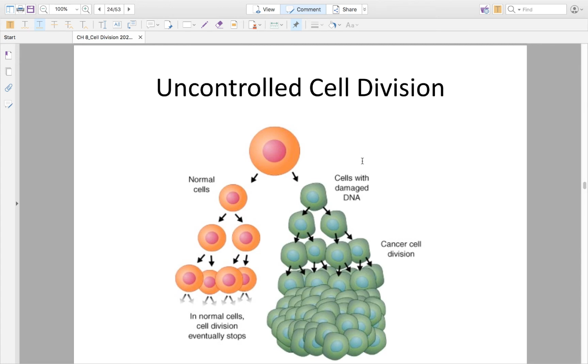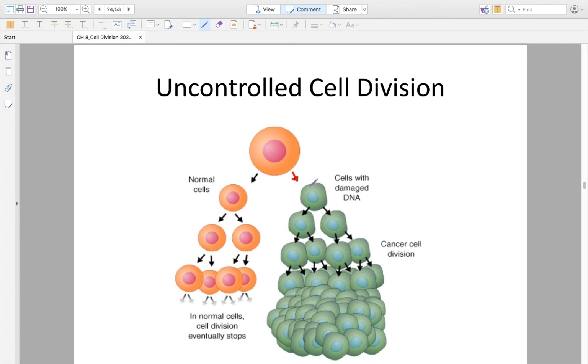All right, so now we just talked about mitosis, the cell cycle, and controlled cell division. Controlled cell division is very important, but uncontrolled cell division is not. Now, if there's cells that slip through the cracks, which there are, that can lead to cancer. So cells can have damaged DNA.